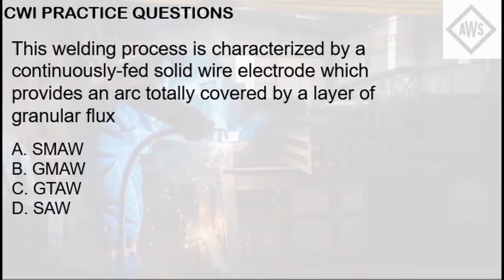GMAW, while it has a continuously fed solid wire, does not have a granular flux. Letter C, GTAW, does not have a continuously fed solid wire. It has a tungsten electrode with filler metals that you have to fuse to the base metal. So letter D, SAW or submerged arc welding.